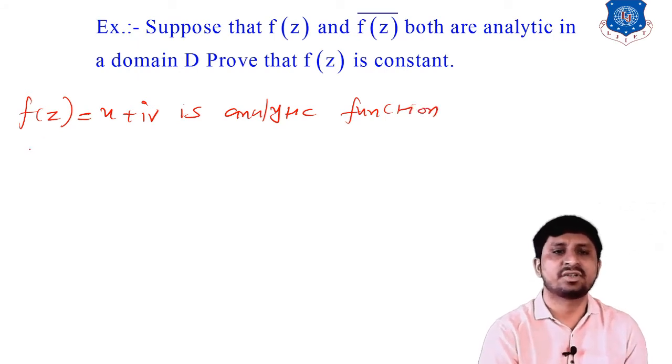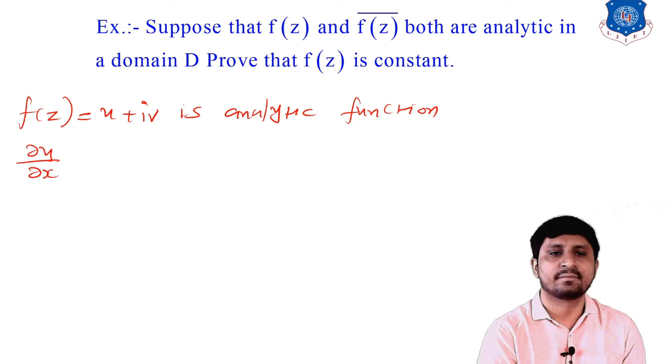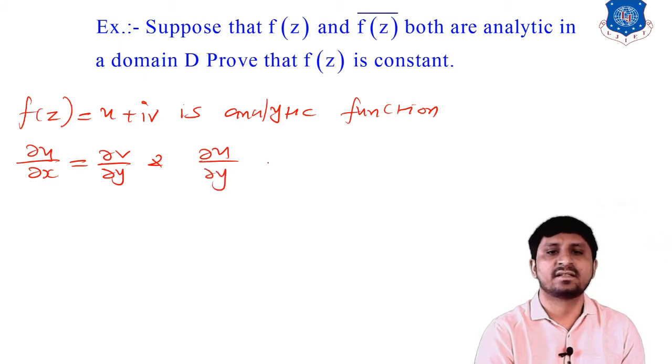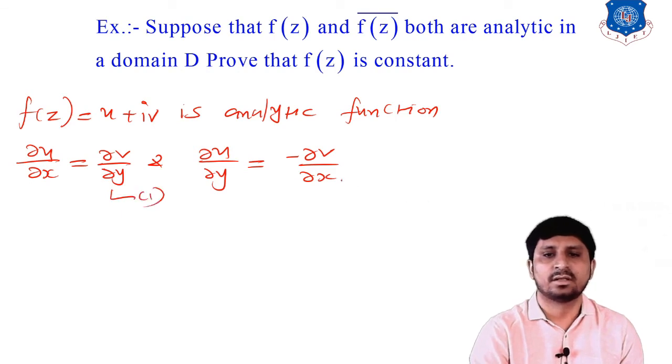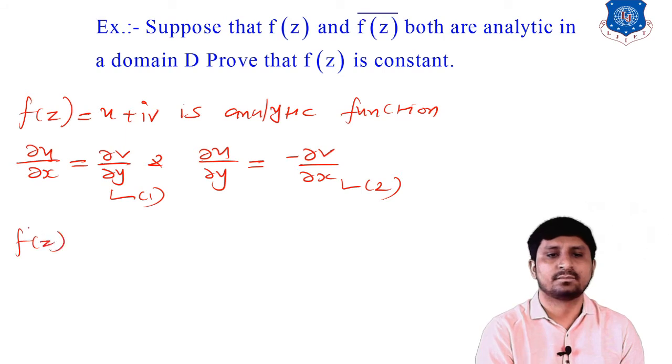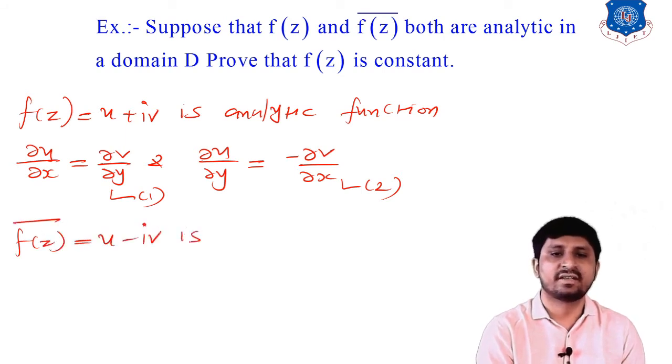What is my CR equation? Del u by del x is equal to del v by del y, and del u by del y is equal to minus del v by del x. Call it equation number 1 and equation number 2. Now f of z bar is equal to u minus iv, and that is also an analytic function.